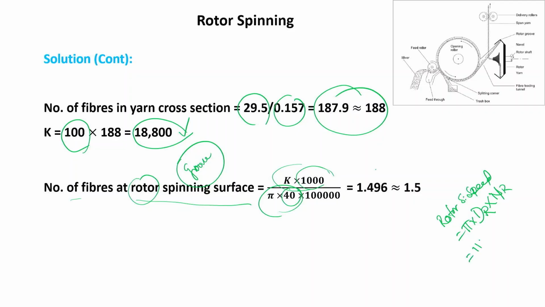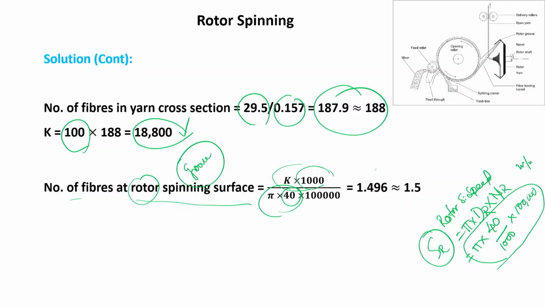Pi times the 40 millimeter diameter divided by 1000, multiplied by 100,000, gives the rotor circumference speed in meter per minute.